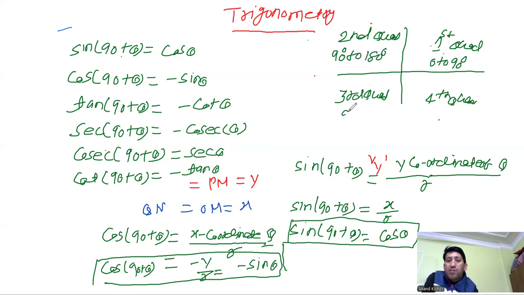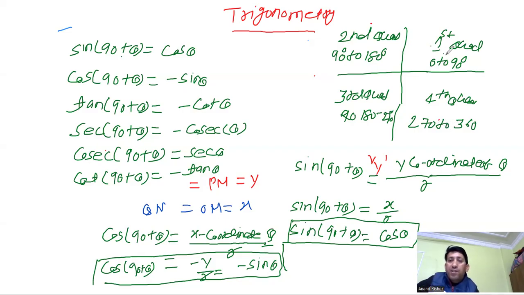For the third quadrant, 180 to 270, and the fourth quadrant, 270 to 360. How 270 to 360? Because this is 90, this is 180, this is 270, and the total angle is 360. So in the fourth quadrant, the validity of the angle is 270 to 360.